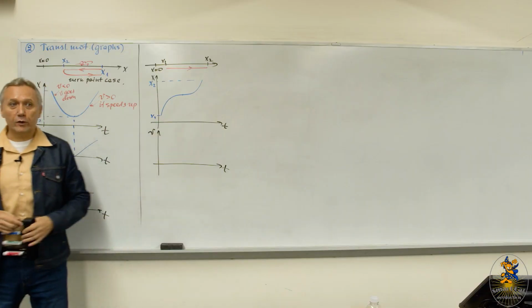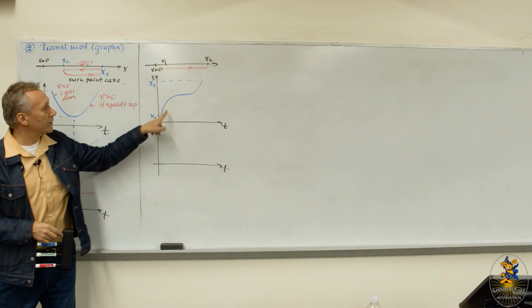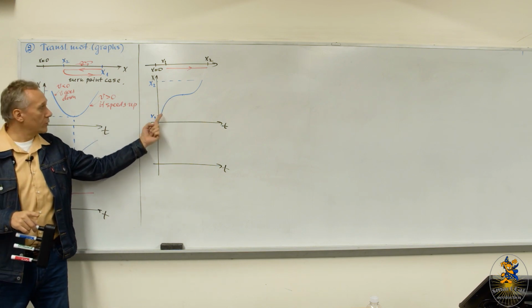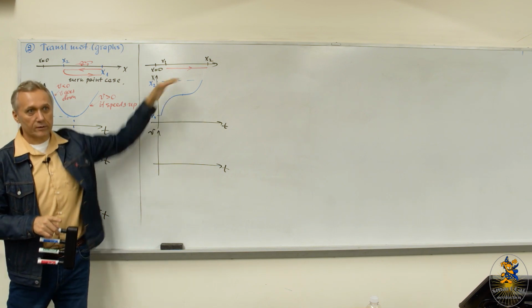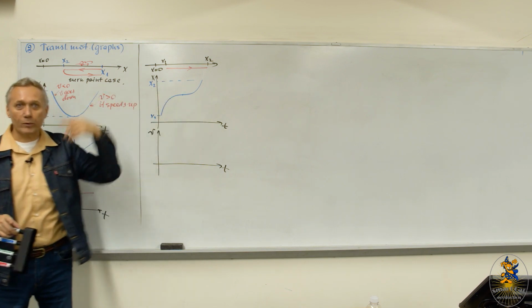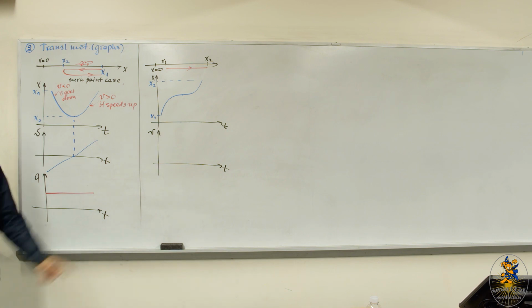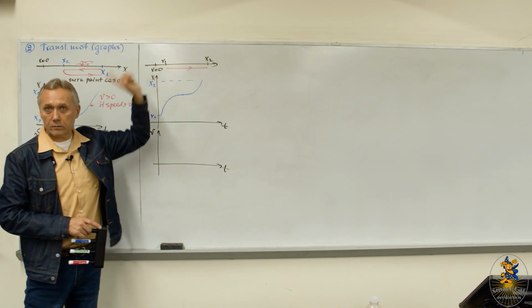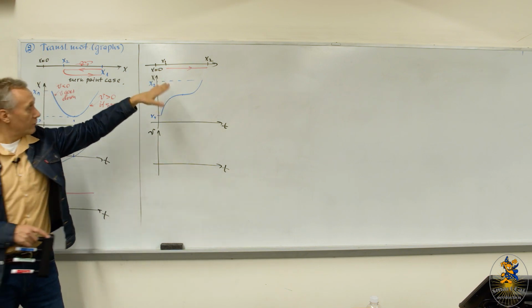So what happens to the velocity from this point to that point? Positive or negative? Positive, because our curve is increasing, so the slope of the tangent line is positive from this point to that point. So velocity is positive, which means it moves in the positive x direction, which we observed.